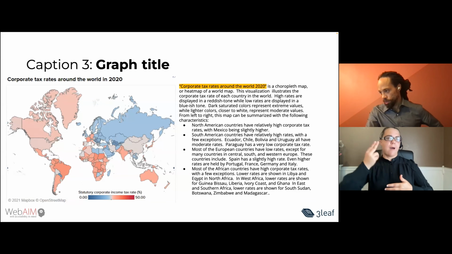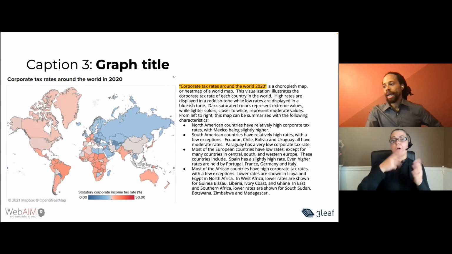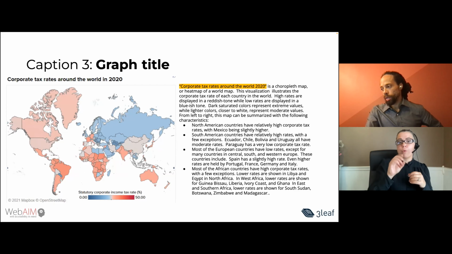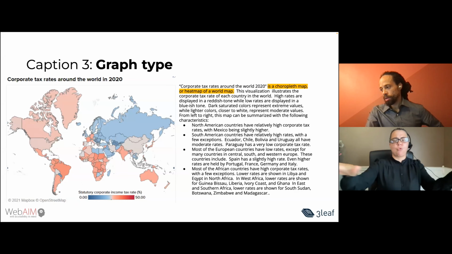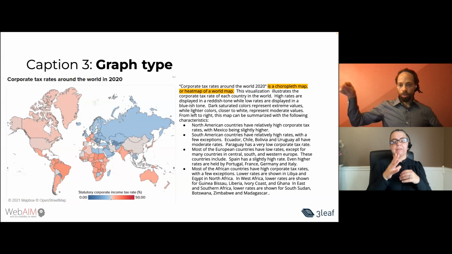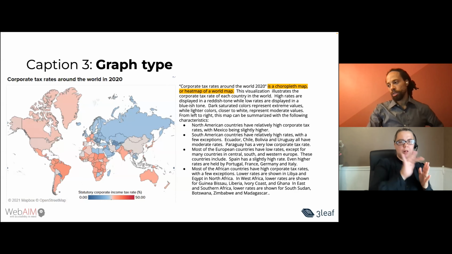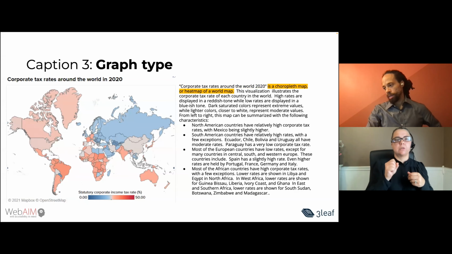Okay, so I'm going to read through this. Corporate tax rates around the world 2020 is a choropleth or heat map of a world map. And for everyone, as I'm reading through this, I'm clicking through the slides and it's showing the anatomy. So that was the graph title and the graph type.